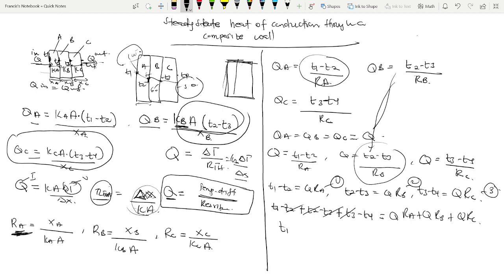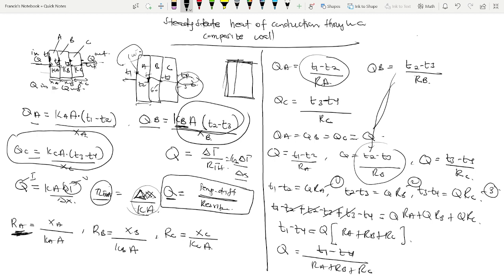We are left with T1 minus T4. And that's actually what I was talking about. So T1 minus T4 should be equal to, we can factorize our Q out, and we get RA plus RB plus RC. So our Q now becomes T1 minus T4 all over RA plus RB plus RC.